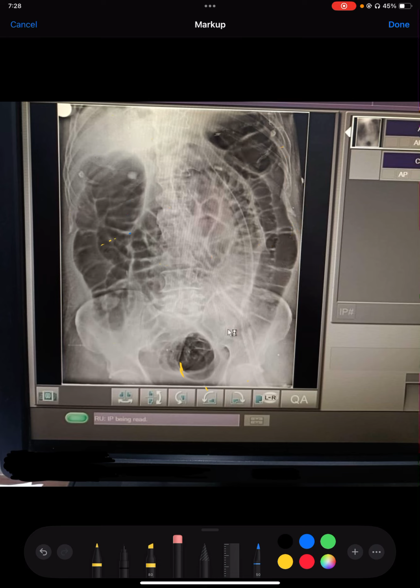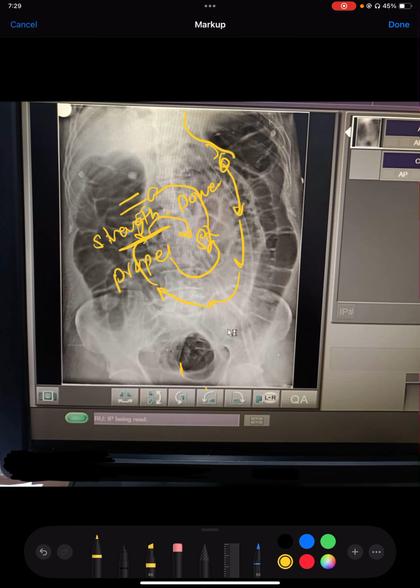And the other thing is that the small intestine and large intestine should have that much strength or power to propel this stool forward. If the food has come into the stomach, then it should be propelled forward every time. Then it should go here, then it should go here.